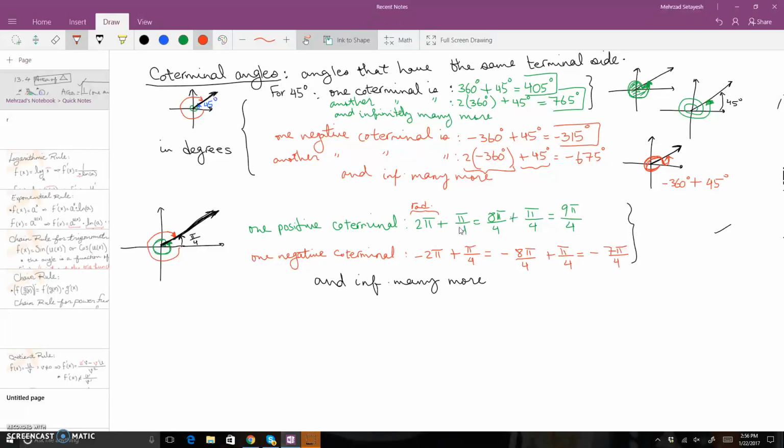So I write 2 pi and then I add pi over 4 because I'm moving counterclockwise, and find the value. If I'm doing the negative coterminal, which is the red one, I go one full revolution in the negative, so that's negative 2 pi. And then I go back, so I'm adding something, and that is pi over 4.